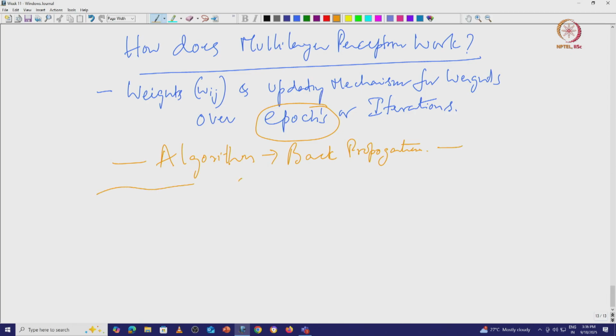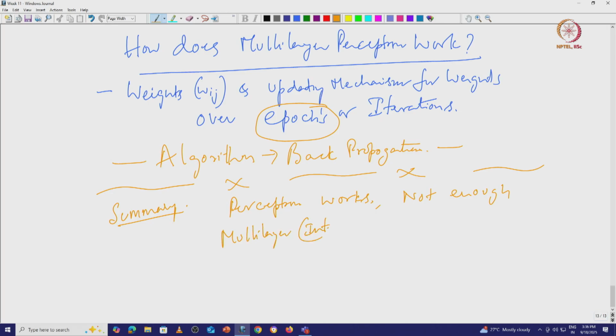These two will make it happen. We will see this in the next session, but the summary for this: a single perceptron works, but is not enough. Multi-layer, basically interconnected perceptrons do better.